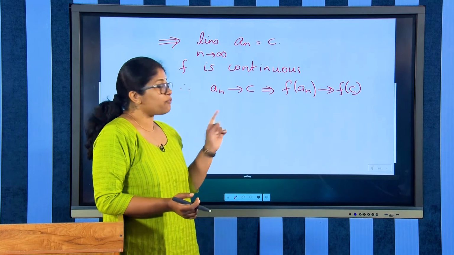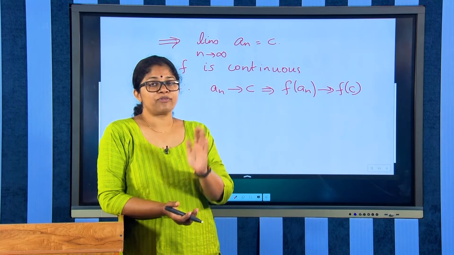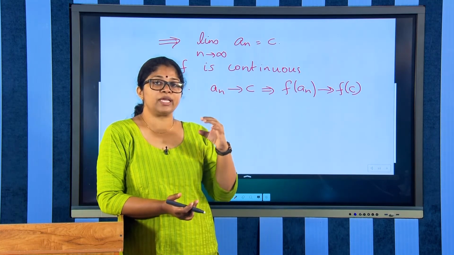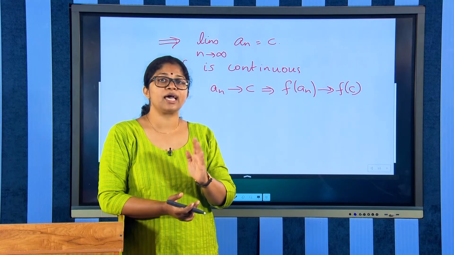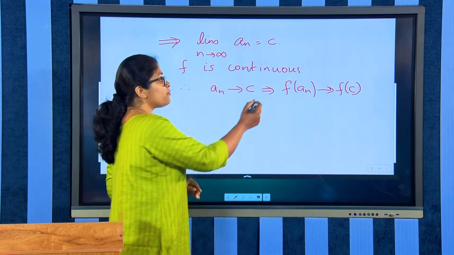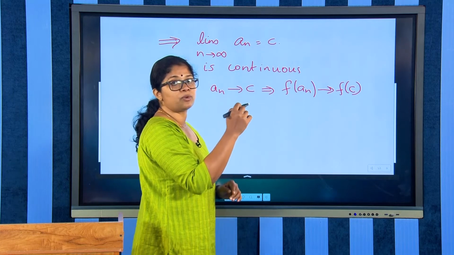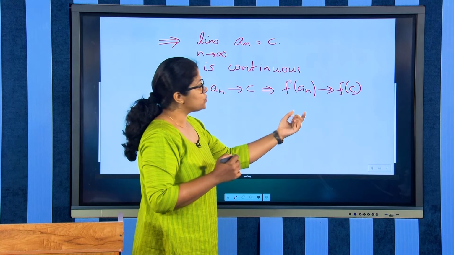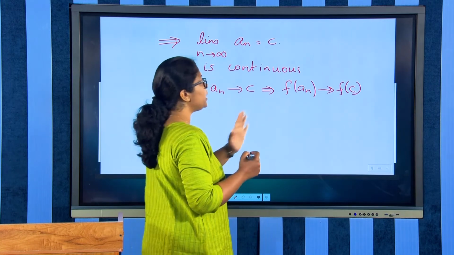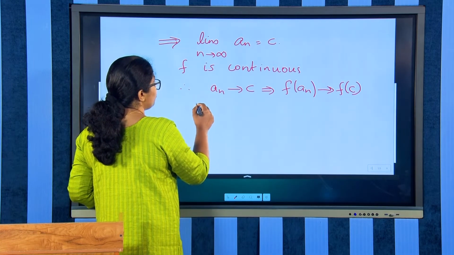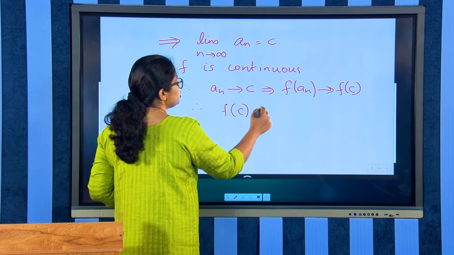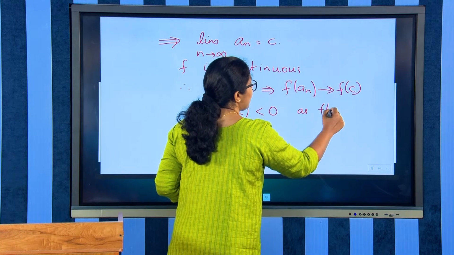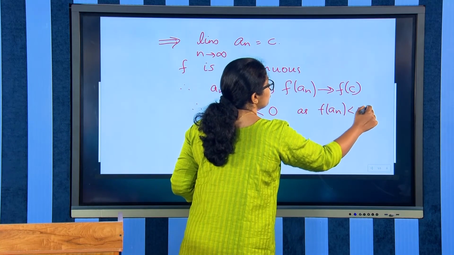And what about this f of An for every n? The f of Ans are the left sides. So in every bifurcation of the interval, we had restricted our left side such that f of An is less than 0. So this sequence is actually a sequence of negative terms. So obviously f of C should be less than 0 as f of An is less than 0 for every n.